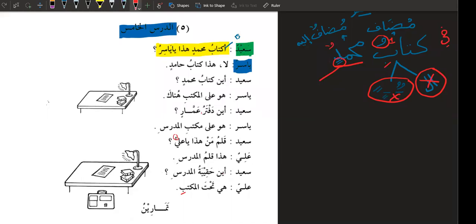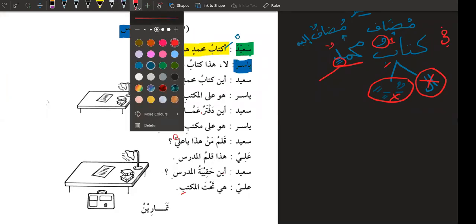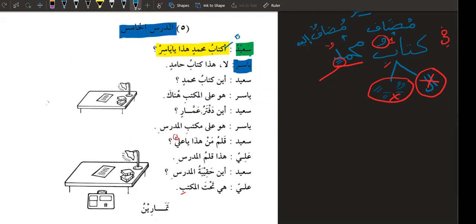An easy way of memorizing this is just memorize this. So if you memorize this, when you say La ilaha illallah, Muhammadun Rasulullahi.